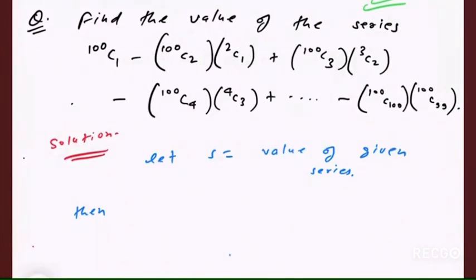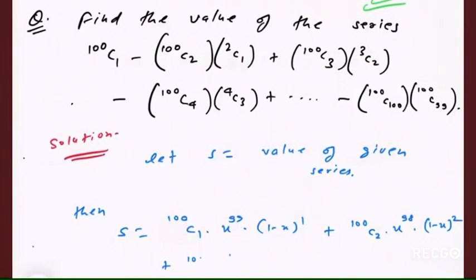So S is equal to the coefficient of x to the power 99 in 100C1 x to the power 99 (1 - x) to the power 1, plus 100C2 x to the power 98 (1 - x) to the power 2, because if you expand (1 - x) squared you will get 2C1 again, and then x to the power 99 taking common.